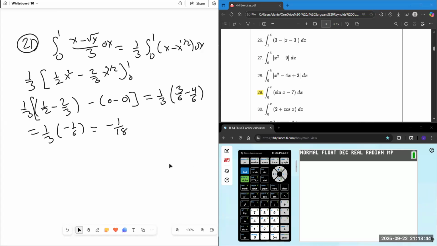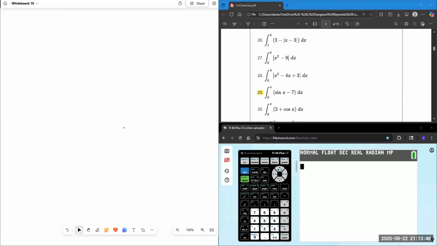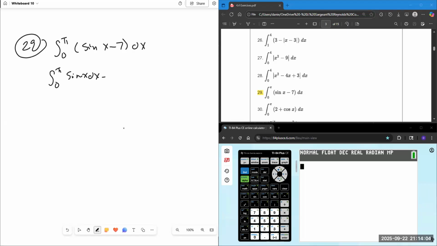So now at number 29. 29 says the integral from 0 to pi of sine x minus 7 dx, the integral from 0 to pi of sine x dx minus the integral from 0 to pi of 7 times dx.